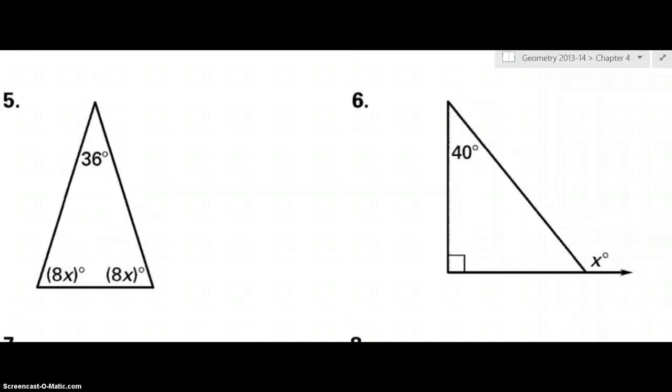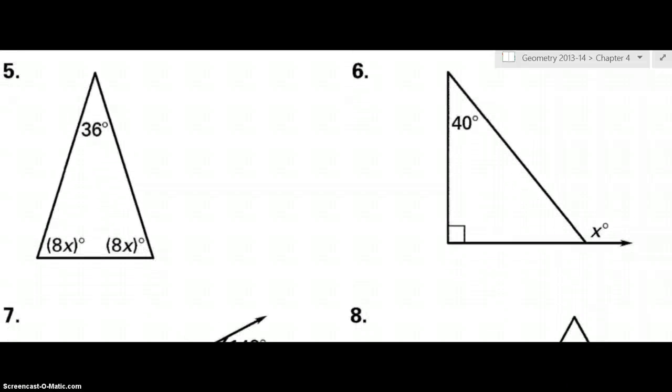Okay, number 5, you can't just take 180 and subtract everything. So on this one, we for sure need an equation. So if we add all of these things together, we get 36 plus 8x plus 8x should give us a total of 180.